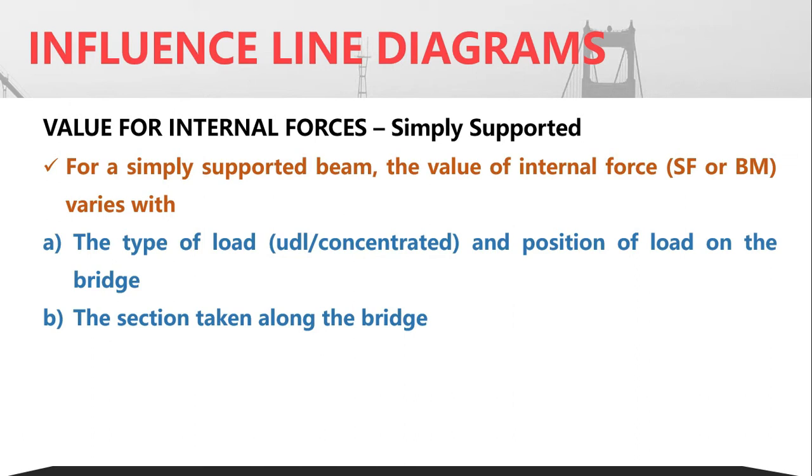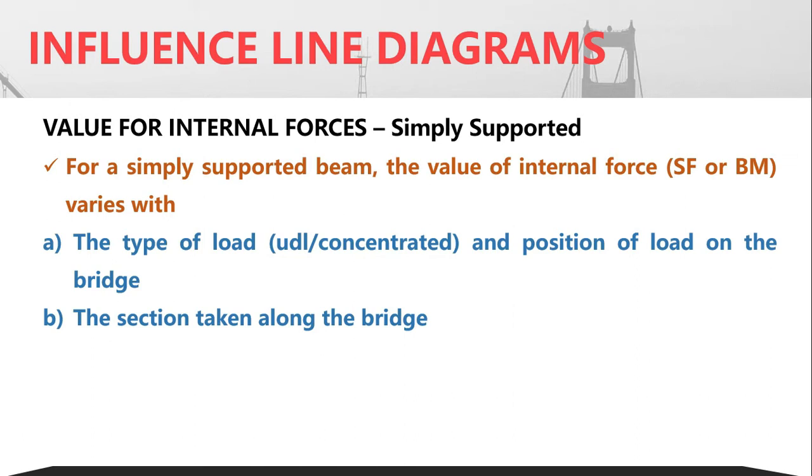Now sometimes in the question they will give you a section and ask you to find the maximum value of bending moment and shear force at that section where the loads may be at any position.